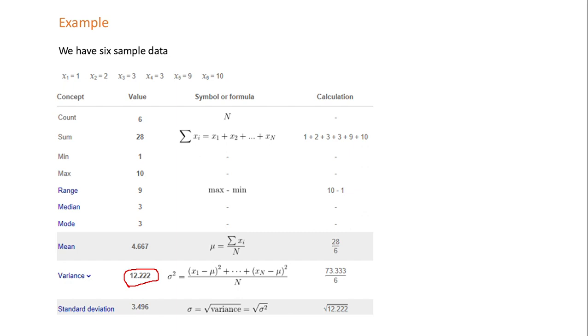Minimum is 1, maximum is 10, range is 9, and median here is 3, mode is 3, mean is equal to 4.667, mu is equal to summation xi by n, 28 by 6. Variance is equal to 12.222, sigma square is equal to x1 minus mu square plus up to xn minus mu square divided by n, that is 73.33 by 6, that is equal to 12.222, and standard deviation is 3.496. Sigma is equal to the square root of variance, the square root of 12.222, that is 3.496.